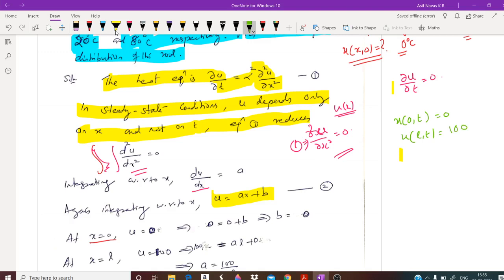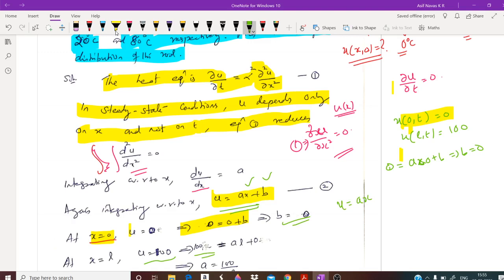Now we apply these to find a and b. When x equals 0, u equals 0, then 0 is equal to a times 0 plus b, which implies b equals 0. Therefore u becomes ax.